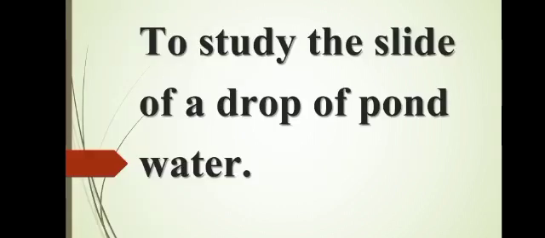Now first we will see the different types of microorganisms which may be present in a drop of pond water. So children, I am sharing a video with you so that you can see the different types of microorganisms, which cannot be seen by our naked eyes, but are present in a drop of pond water.